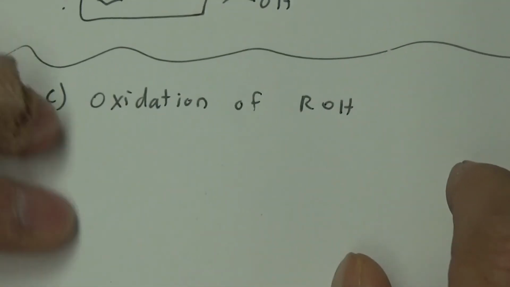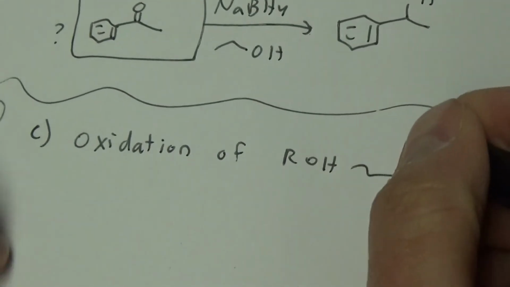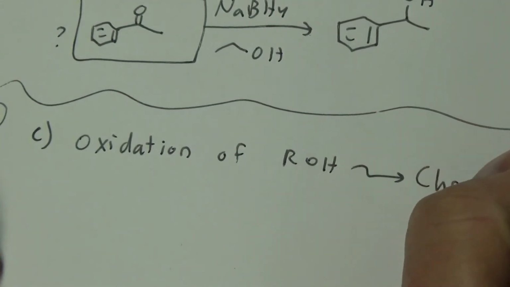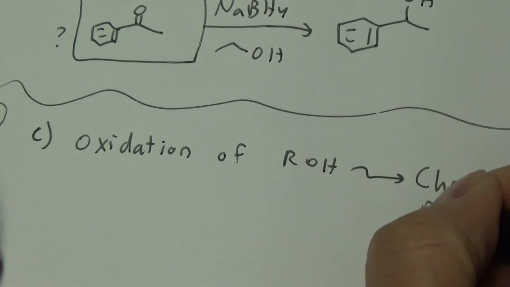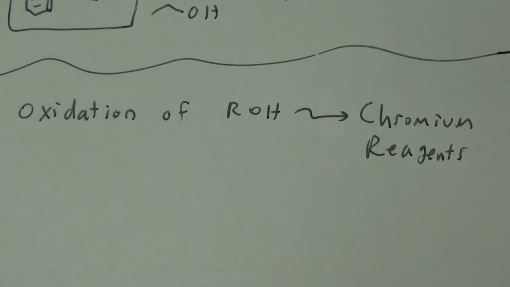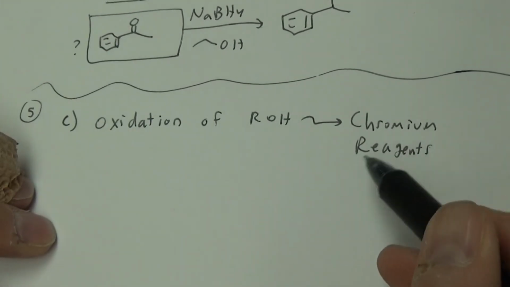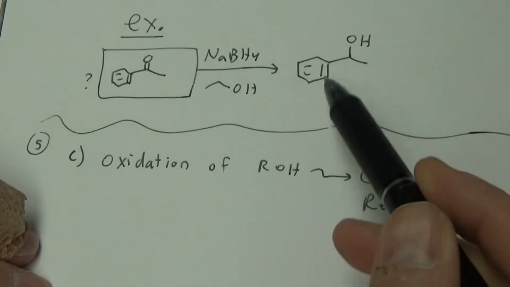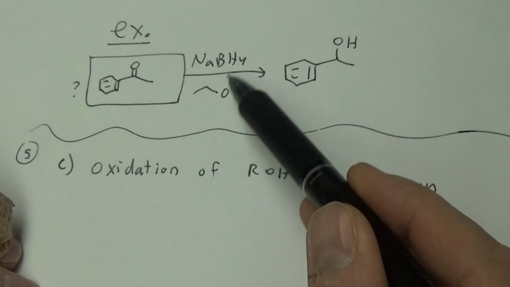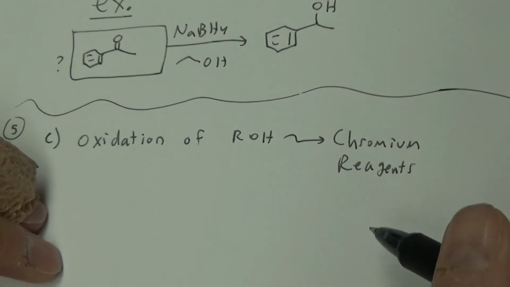And we're going to talk about chromium reagents. And when, you know, in basic organic chemistry, as you're learning about it, you associate hydride reagents with reduction, chromium reagents with oxidation. Okay?